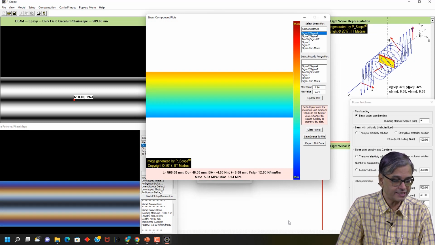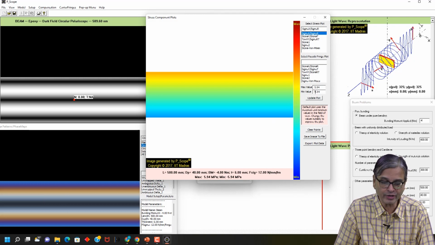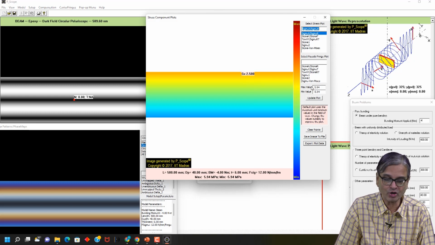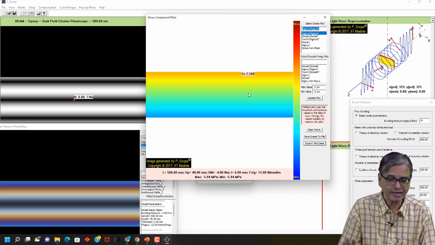And I also see fewer fringes in this, and I have this plot going from minus 5.94 to 5.94, the value I have to see, okay. I have this as 2.5, the plot is for a longer distance, but the maximum stress is also reduced by half, closer to half, okay.